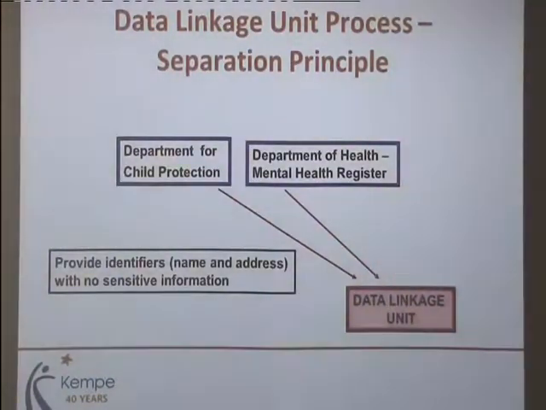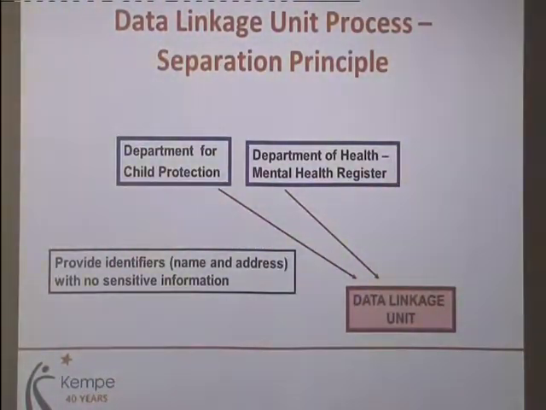So if they've got a number like a Saudi ID, for example, both agencies provide that. If they've got an address, a date of birth, a gender, a name, anything that can be used to identify individuals in the data set.